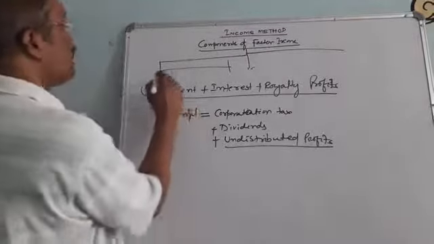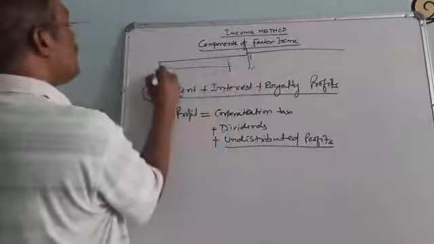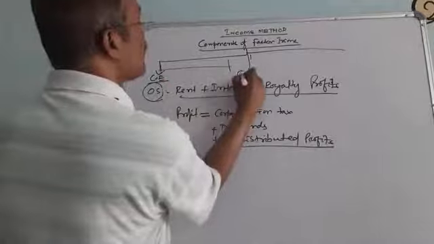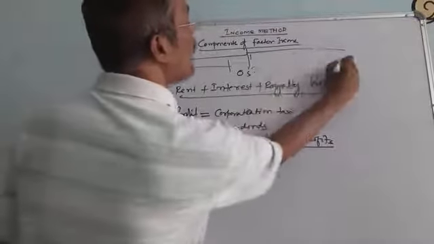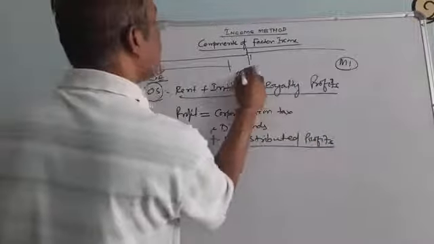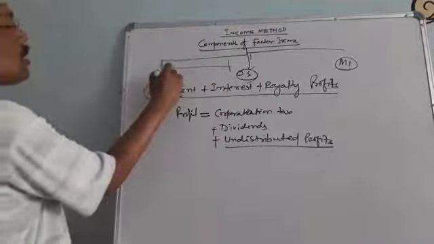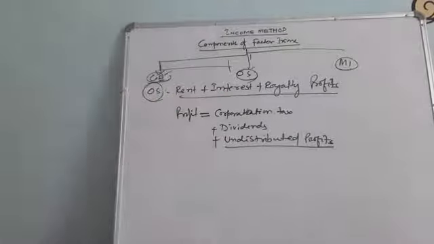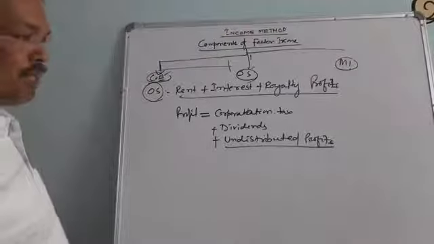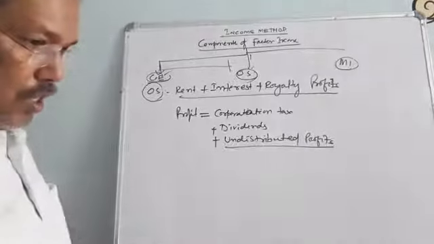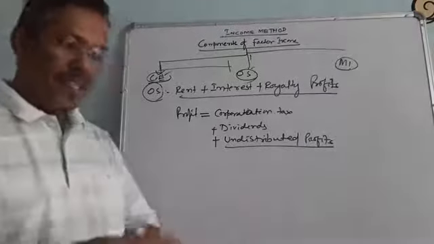We have already said these components. One is compensation of employees, another is operating surplus, and third one is mixed income. One we have finished, compensation of employees, second is operating surplus, and third the mixed income. What is mixed income? Mixed income is earned income and unearned incomes.